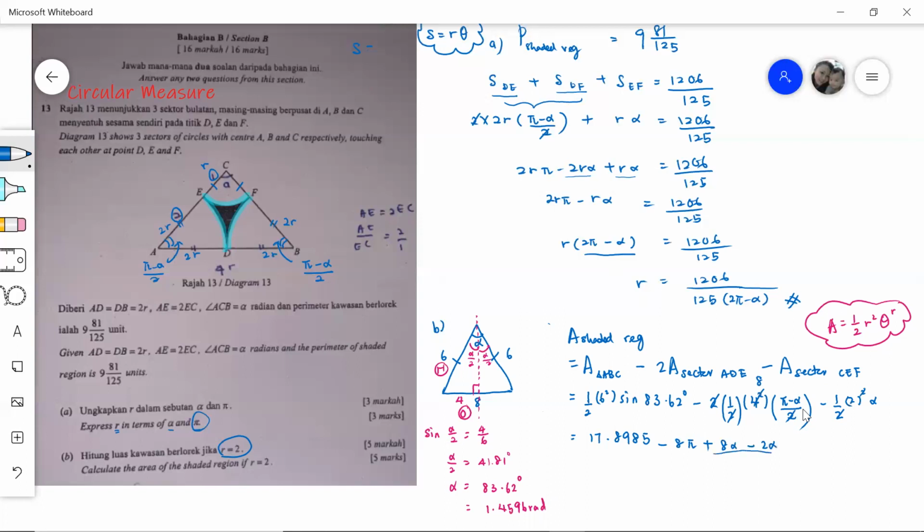So this one we can combine, becomes 6 alpha, and then we substitute the values of pi and alpha into our calculation here. So all in all, we will have 1.5101. This is the area of the shaded region, so our unit is unit square.